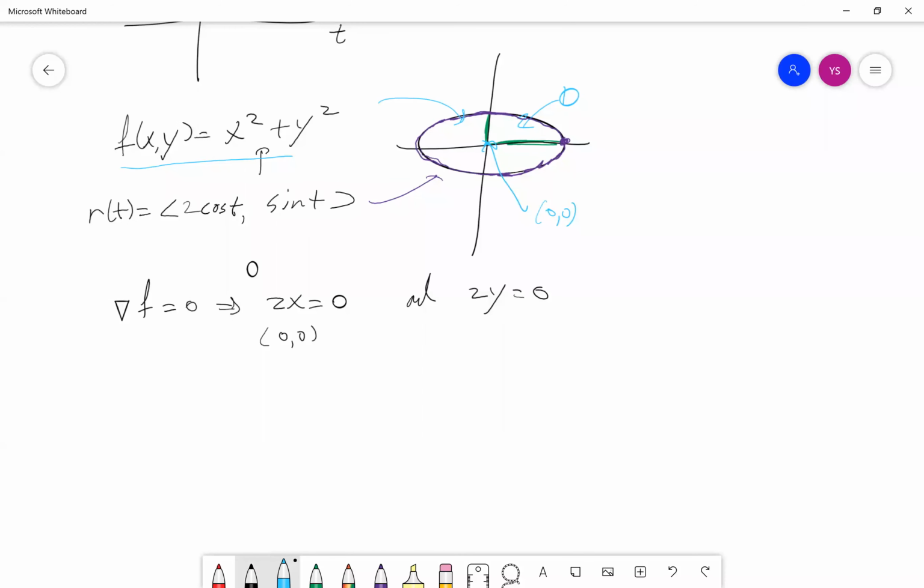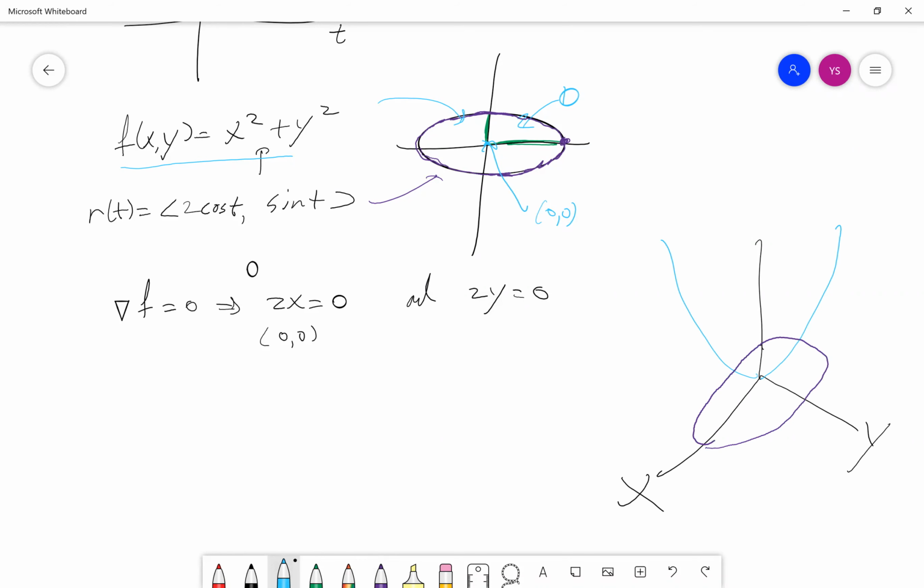let's first draw this graph, the parabola. So now here's your parabola. This is your x, this is your y. So now your domain looks something like this.